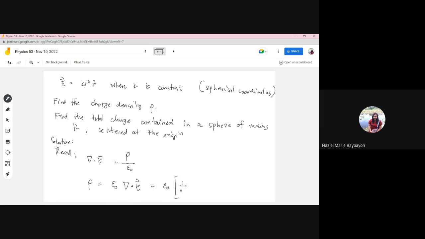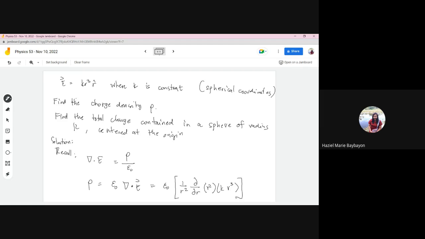You have 1 over r squared multiplied by the partial derivative with respect to r of r squared times E sub r, the radial component of the electric field. So you have k r cubed.